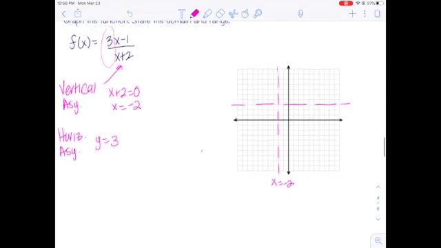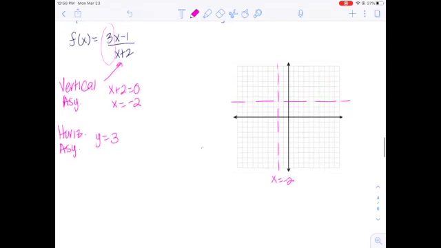Now we're going to just plug in some x values to the left of my vertical asymptote and plug in 3 points to the right of my vertical asymptote. X and Y. So I'm going to choose my vertical asymptote is at -2.